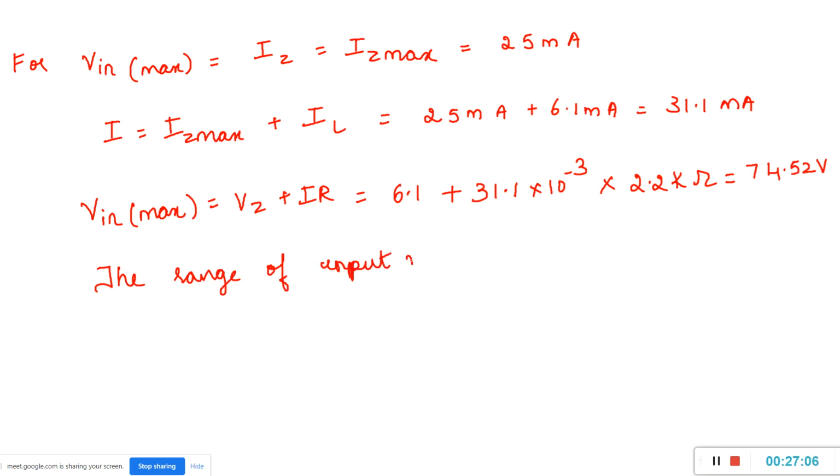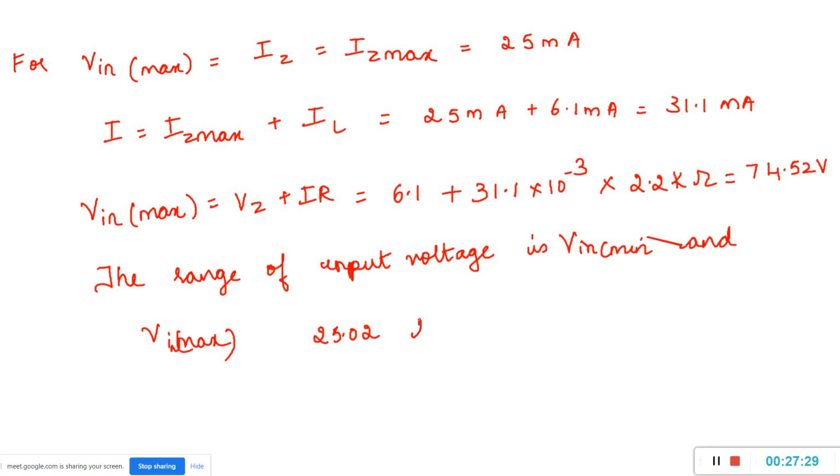Range of the input voltage is Vin minimum and Vin max. What is that answer? 25.02 to 74.52 volts.